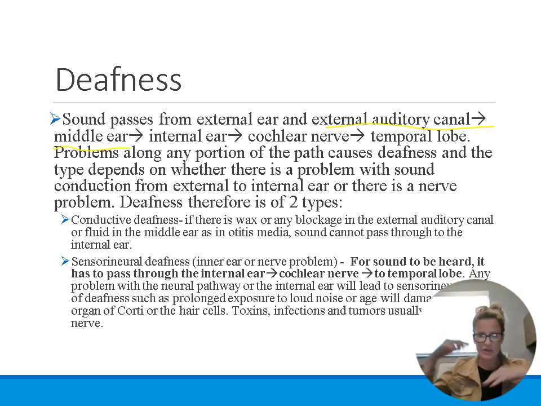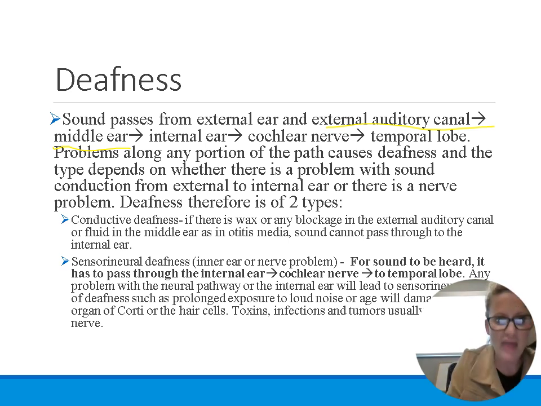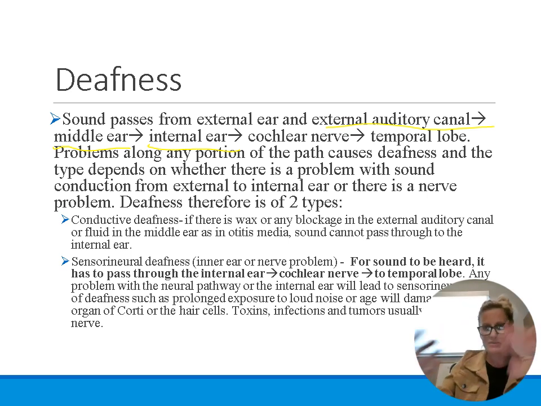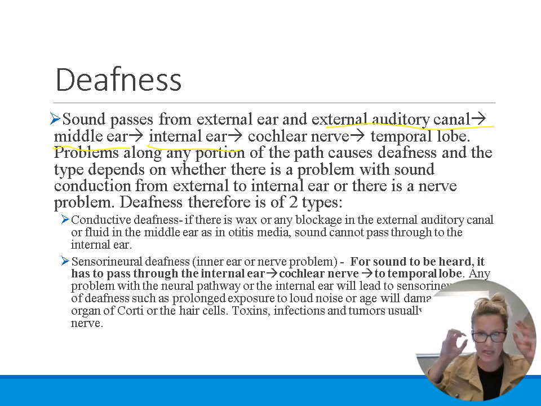In the middle ear is where your auditory ossicles, your little bones, are moving around, and they push on the oval window, and at that point, sound goes into the internal ear. Remember, the sound waves push through, and they make that lymph move in the cochlea, right? So the waves go through the cochlea, and that ends up stimulating the hair cells, right, of the cochlear nerve.